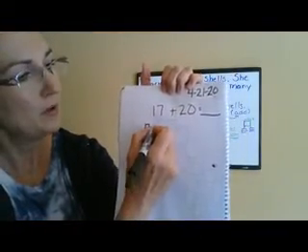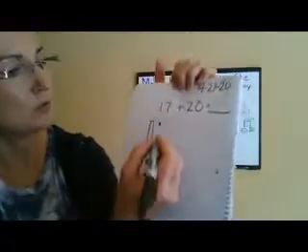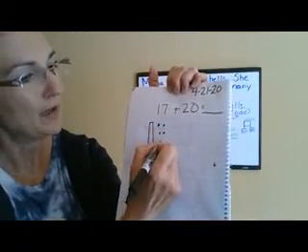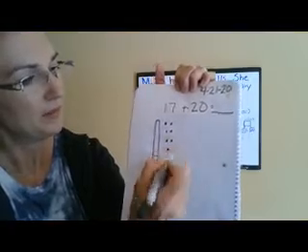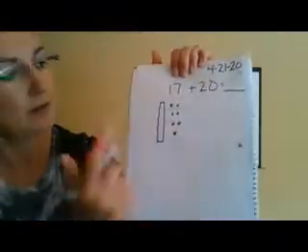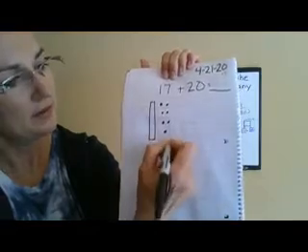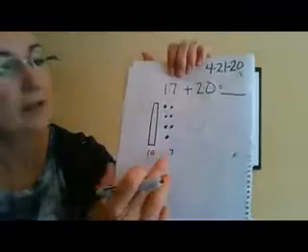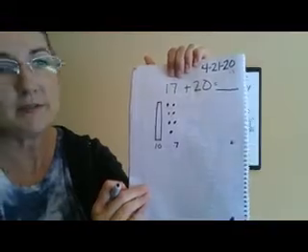Okay, so I'm just going to do dots. So 1, 2, 3, 4, 5, 6, 7. Okay, so there's my 17. Okay, this is 10, and then that's 7 there. Got 10 and 7 for 17.